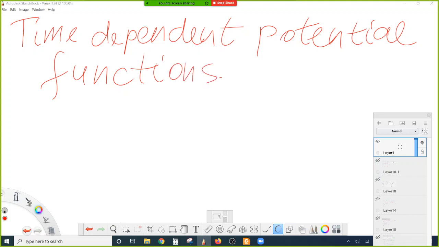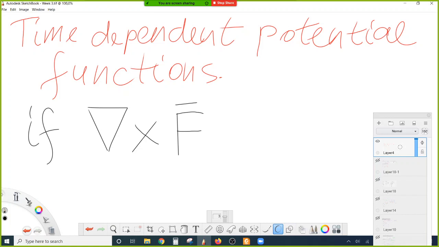So before we start the discussion, let's recall some properties of vector fields or vector functions. If we are given some vector field f and the rotor of this vector field is 0, this vector field is called rotor free.